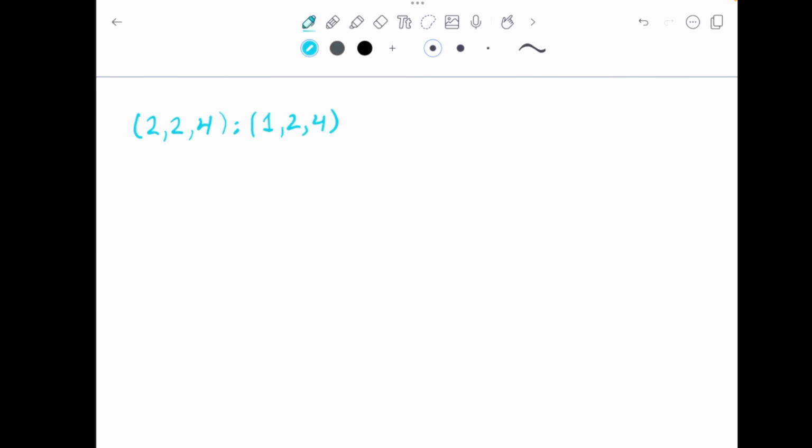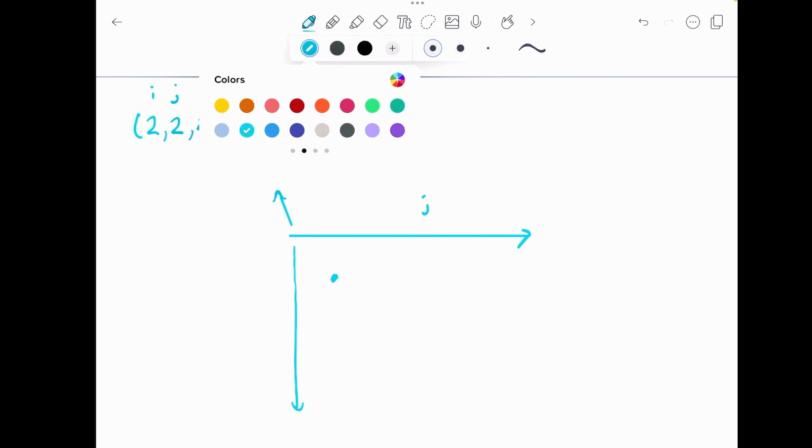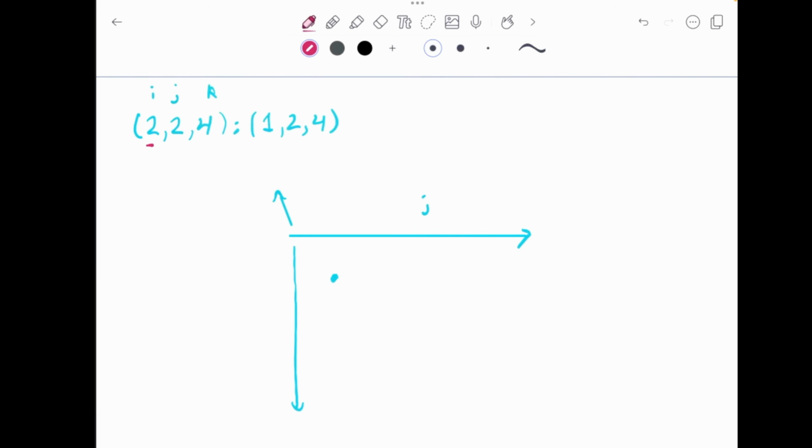So let's draw I, J, K. Here's I. Here's J. And then I'm going to have to draw the K direction sort of going into the page. And we'll do that in a second. So first I have 2 elements in the I direction, right? Because the shape in the I direction is 2, and they're strided by 1.